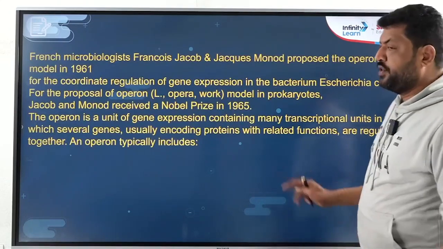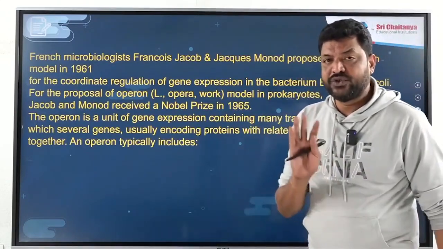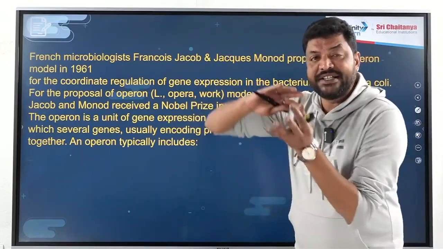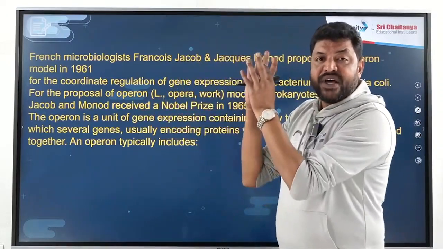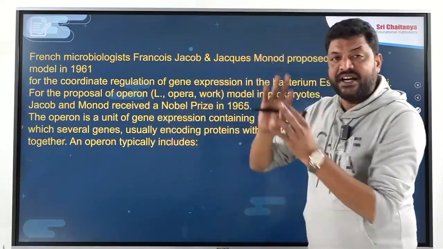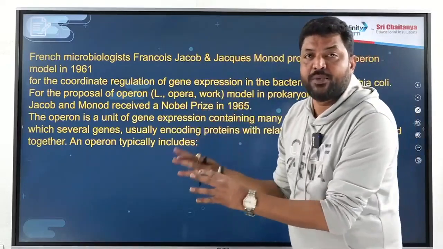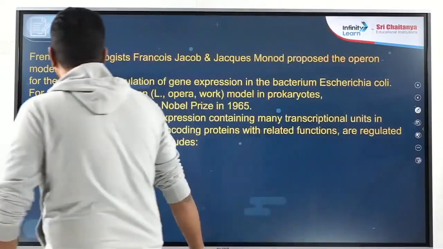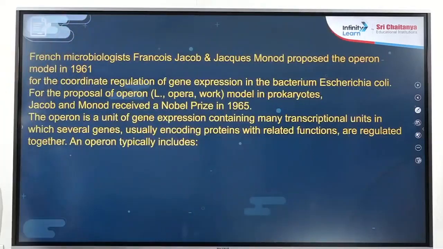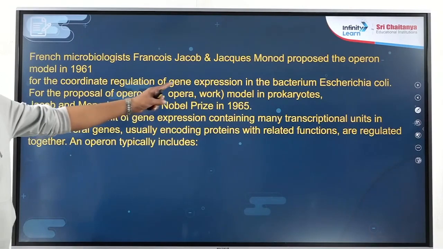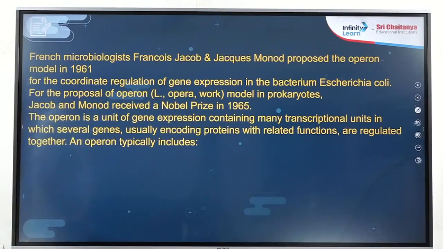Still I am not going to the lac operon. I am telling you what things are connected to the lac operon. If you are able to understand the concepts, then finally you will understand what the lac operon exactly is. French microbiologists Francois Jacob and Jacques Monod proposed the lac operon for the coordinated regulation of gene expression in the bacterium Escherichia coli.